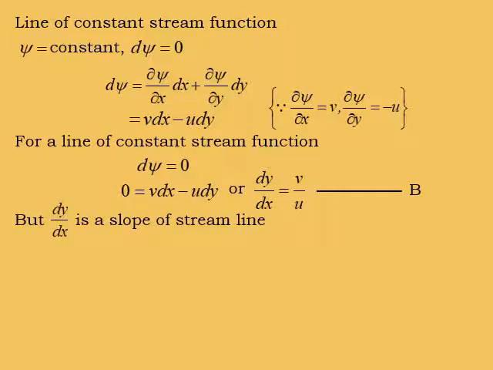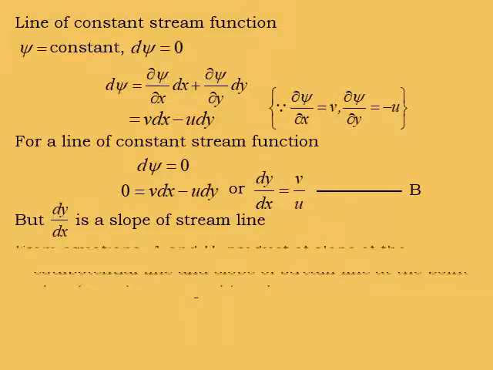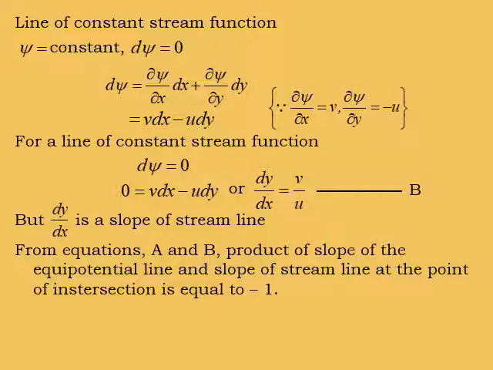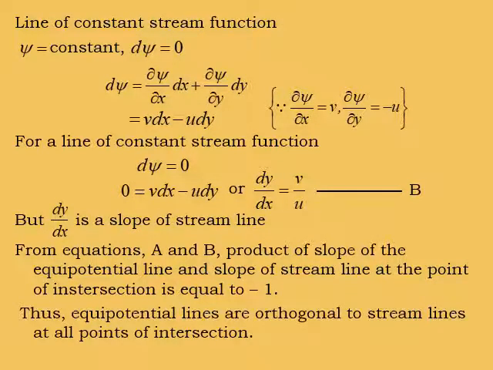But dy/dx is the slope of the streamline. From equations a and b, the product of the slope of the equipotential line and the slope of the streamline at the point of intersection is equal to minus 1. Thus, equipotential lines are orthogonal to streamlines at all points of intersection.